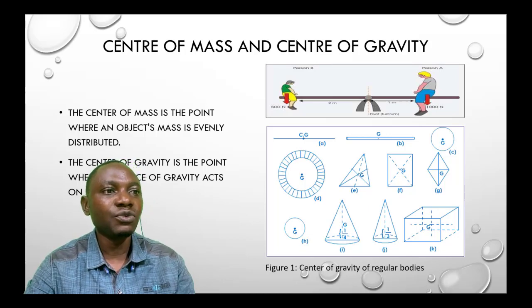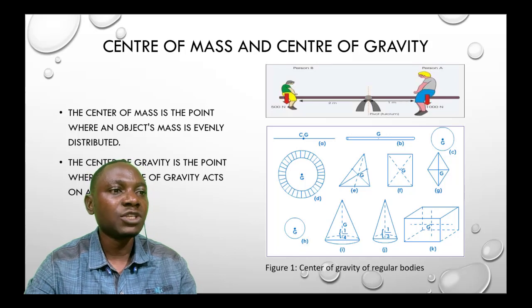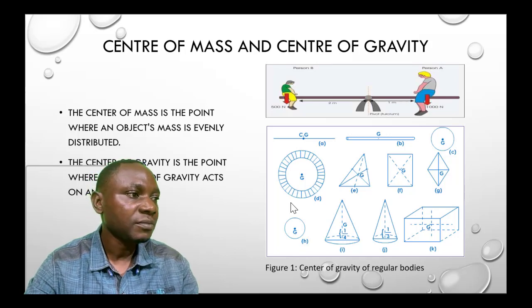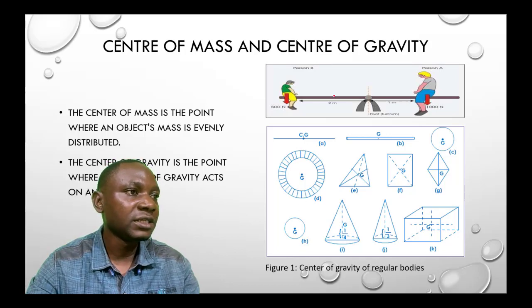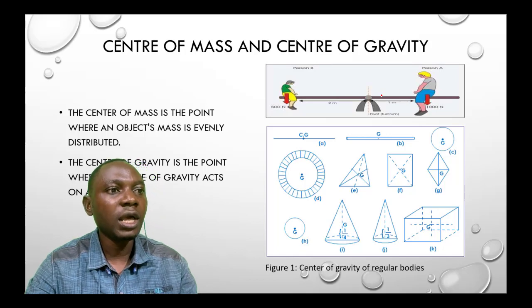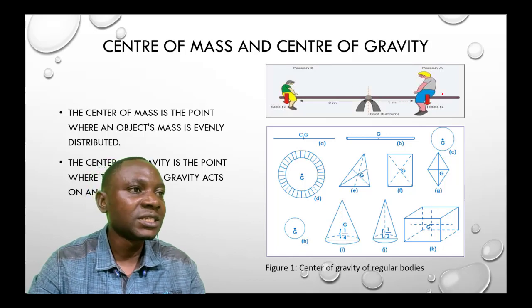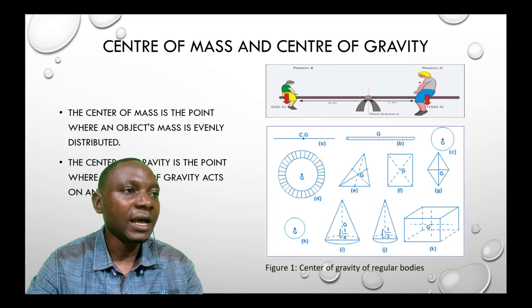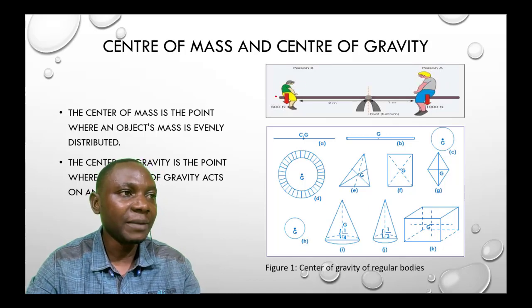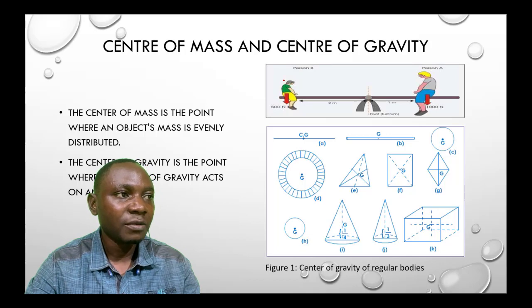For instance, consider a seesaw, as you are seeing on the screen. Suppose you have somebody of heavy weight on this side, and another person of much lesser weight on the other side.